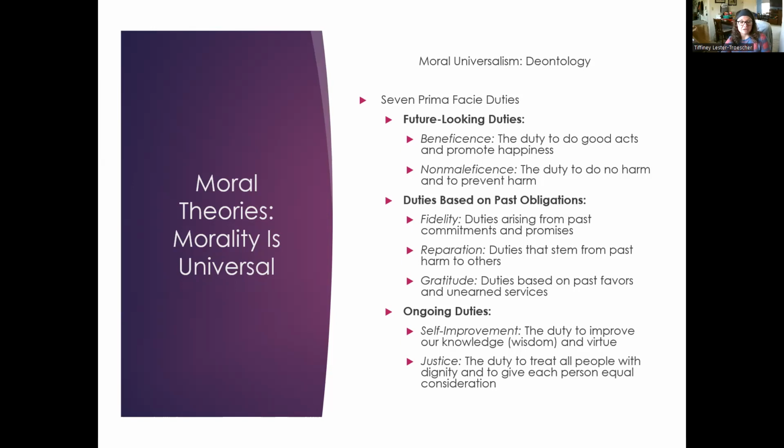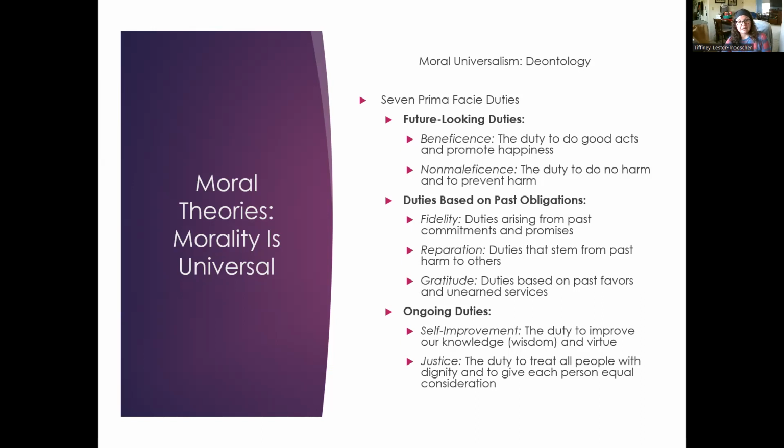It is a moral obligation. Then we have gratitude, duties based on past favors and unearned services, right? When someone does us a favor, or when something is done for us that we didn't pay for, that we have not reciprocated, we have the duty of gratitude, morally obligated. We have ongoing duties, self-improvement and justice.